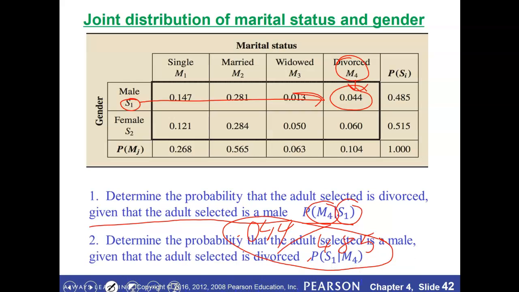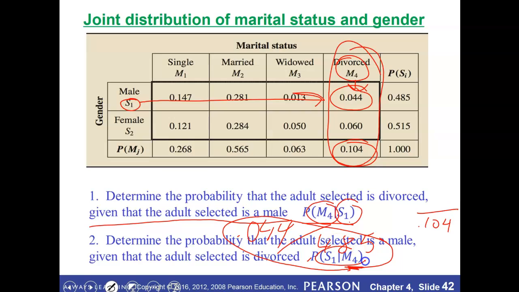And then number 2, determine the probability that an adult selected is a male given that the adult selected is divorced. We're just switching these two around. So now what's given is M4, given that you're divorced. Well, that's 0.104. That's the denominator.